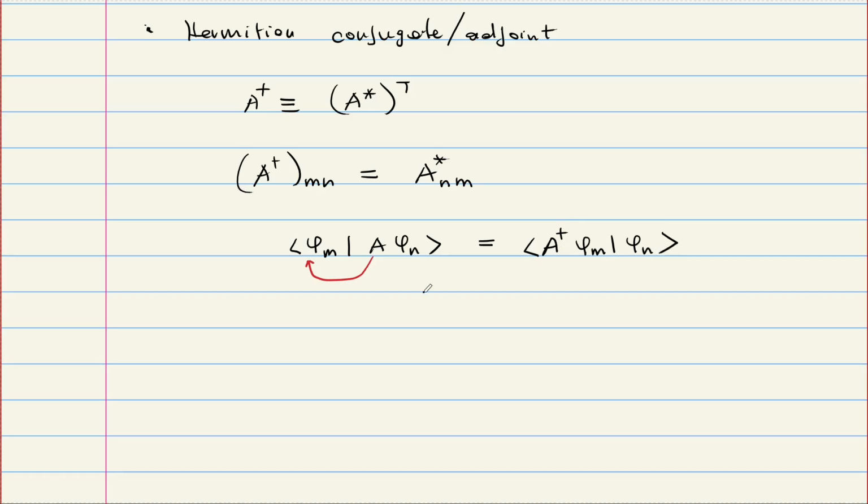And one more thing, a matrix is unitary if its Hermitian conjugate is equal to its inverse. Therefore, for a unitary matrix, U dagger U is equal to unity. Good.